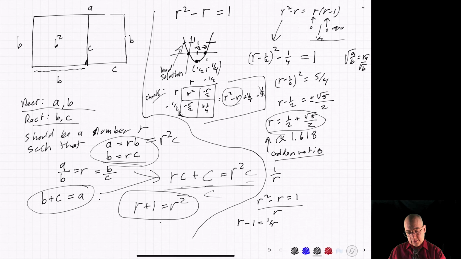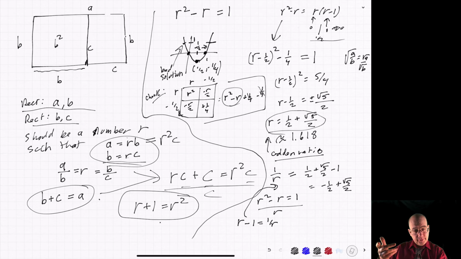So what does that tell me? That tells me that 1 over r is actually equal to 1/2 plus square root 5 over 2 minus 1, which equals minus 1/2 plus root 5 over 2. So I didn't actually have to flip it, just compute it.